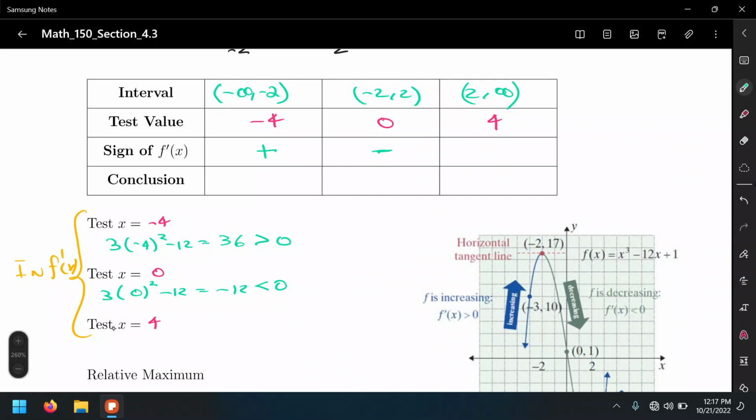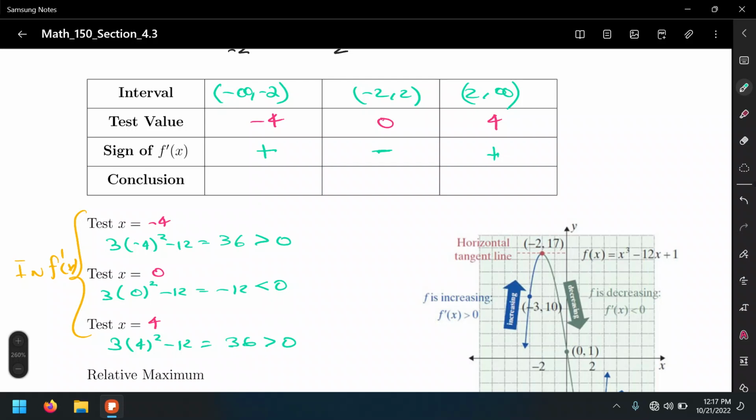Well, let's test x equals 4. So that's 3 times 4 squared minus 12. And that's essentially the same number as before. 4 squared, which is 16, times 3 is 48, minus 12 is 36. And that's a number greater than 0, which means it's a positive value.